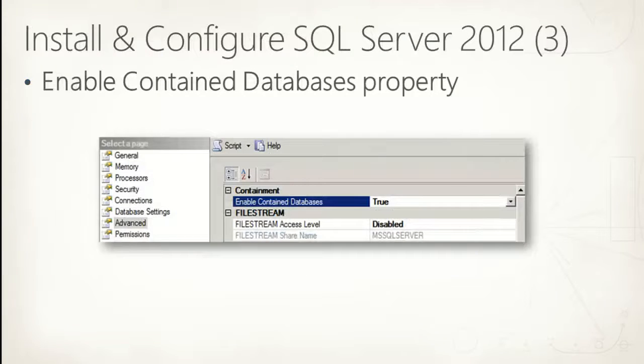And after install, we ask you to turn on contained database. This is to help us to ensure each database is isolated from each other to make it more secure. So one SQL login can only get to one database. None of the logins are shared across multiple app databases.